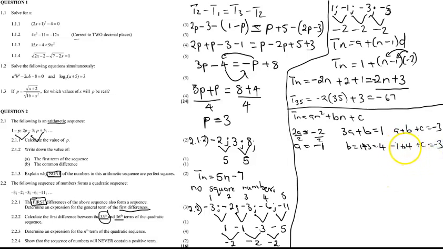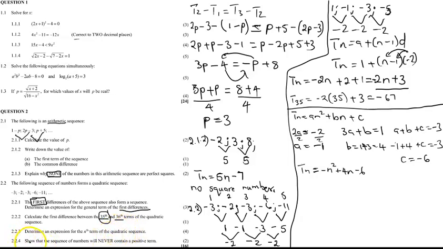Then this gives us 3, and this positive 3 goes that side and becomes negative. So c is equal to negative 6. And then from there we can now write our formula. On the a we've got negative, so it's negative n squared plus 4n minus 6, and then we're done with this one.